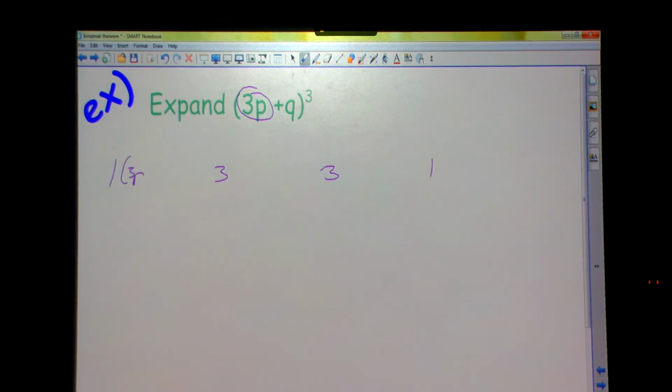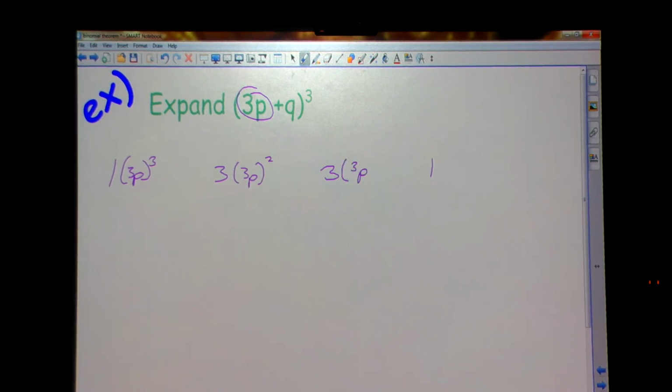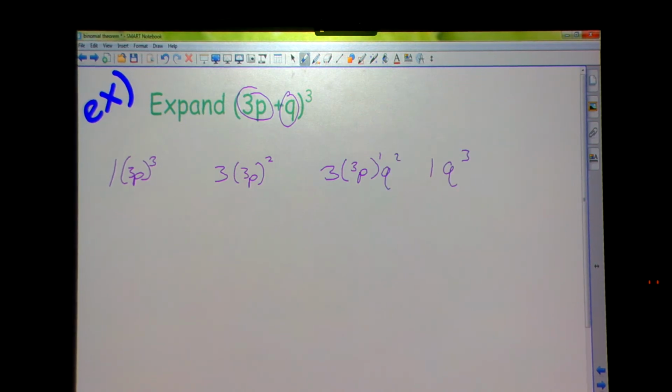That is 3p cubed, 3p squared, 3p to the first, and finally 3p to the nothing. Now take this second term, go backwards. That is q cubed, q squared, q, nothing. Separated by addition. Now we just have to work on multiplying that out.